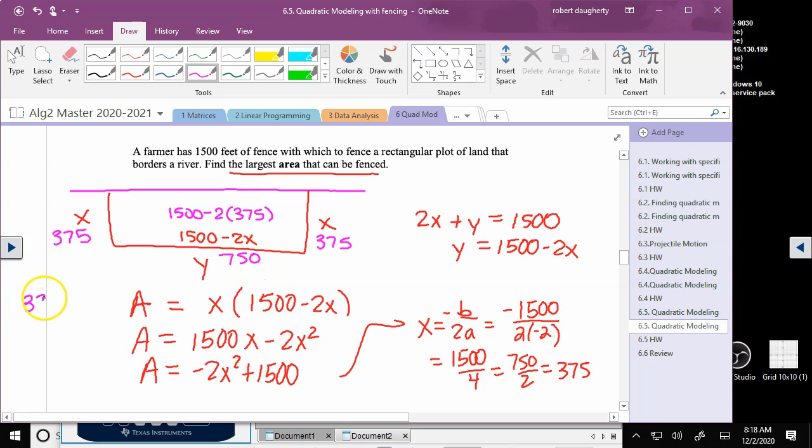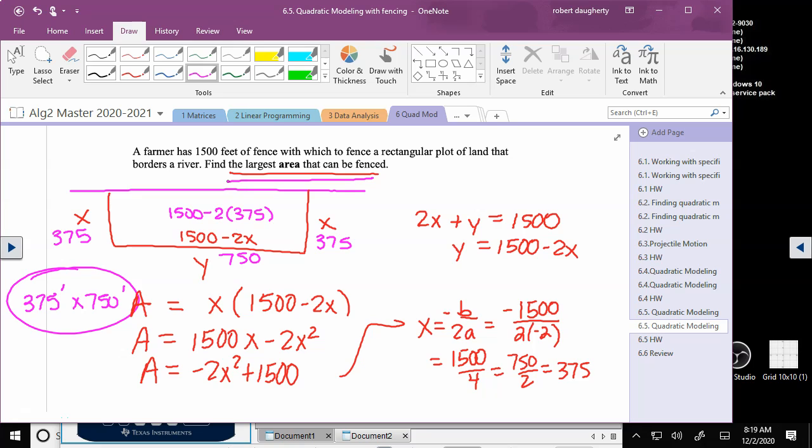So your fence is 375 by 750. So that is the dimensions of this, okay? So find the largest area that can be fenced, okay? That's different than the dimensions of the fence with the largest area.